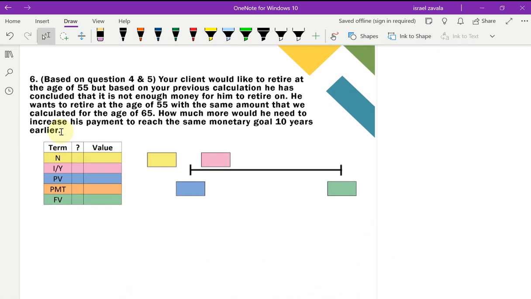And then number 6, this is going to get a little complicated, but bear with me. Number 6 is also based on questions 4 and 5. So your client would like to retire at the age of 55. All right, he already said that. He doesn't want to wait till 65. But based on your previous calculation, he has concluded that that is not enough money for him to retire on.